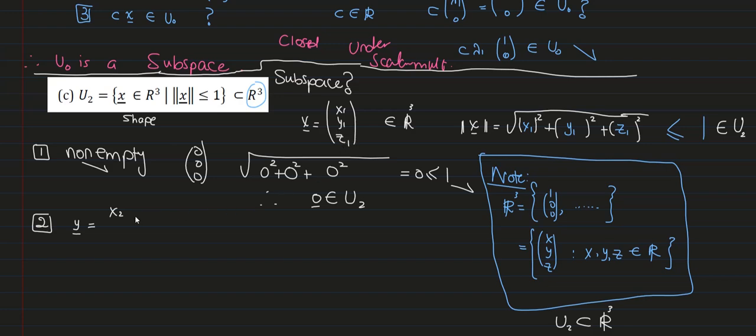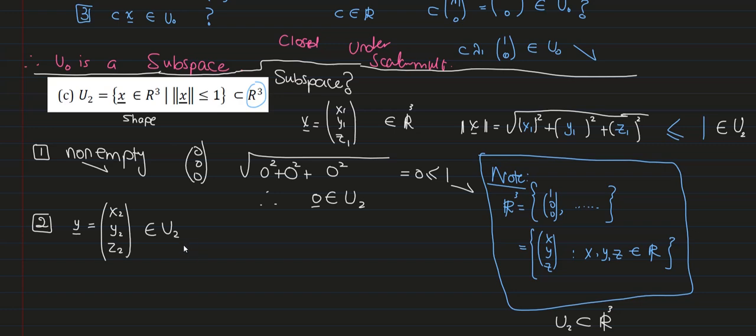These are only dummy variables, but we just need to be organized in order not to be so loose. So y belongs to U2, and by mentioning that this y belongs to U2, it means that the norm of this vector is less than or equal to 1. It means that it's of the shape R3, and this condition is true and fulfilled. All this we have said when we say that y belongs to U2.